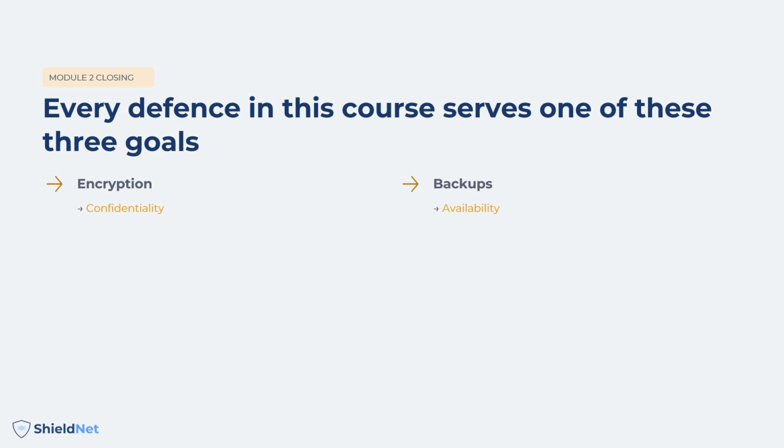Backups protect availability. They ensure that even if systems are locked or destroyed, the data can be recovered. Audit logs protect integrity. They create a record of who changed what, so alterations can be detected and traced. Multi-factor authentication protects all 3, by making it much harder for an attacker to gain access in the first place.